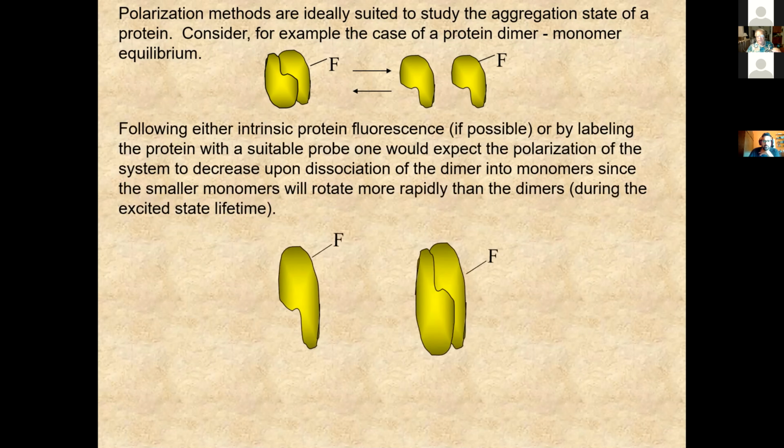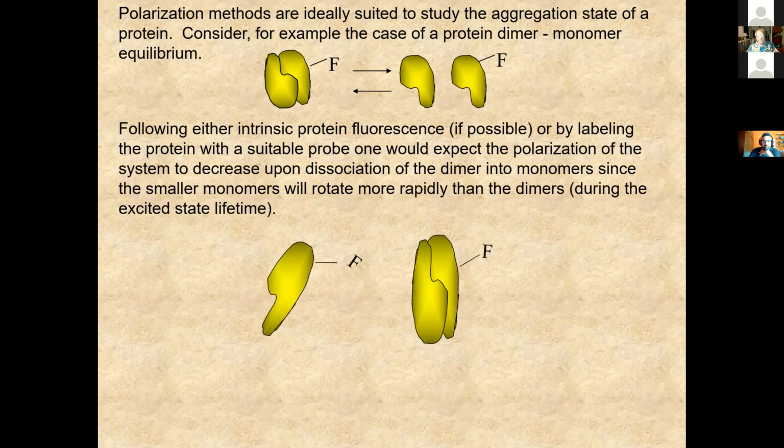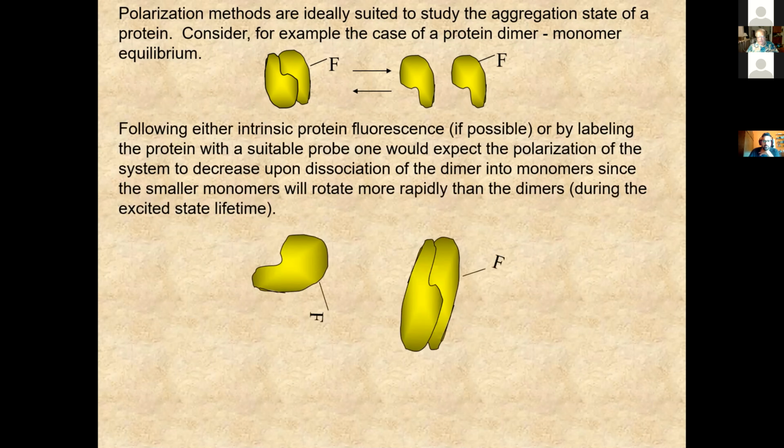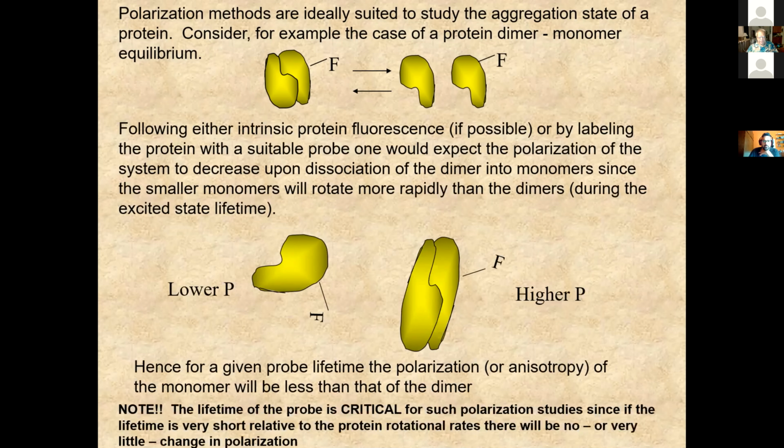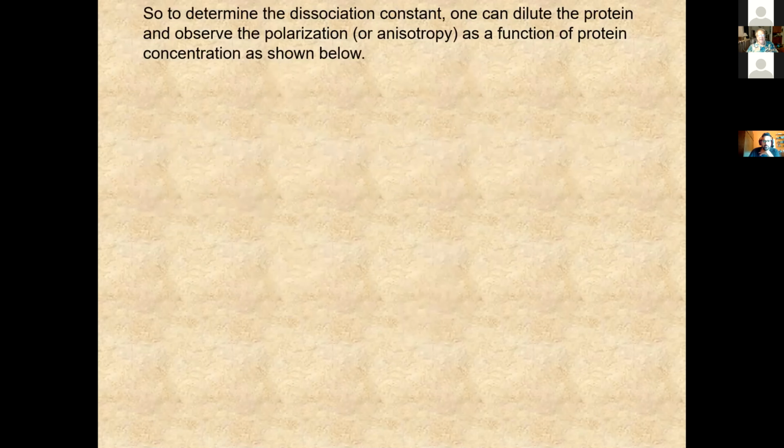So you have to choose the right lifetime. Here we show the monomer rotates faster than the dimer, so the polarization would be lower for the monomer relative to the dimer. And again, I note that the lifetime is very critical for these measurements.